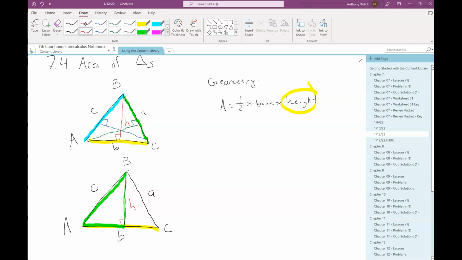Since I have a right triangle, I can use SOH CAH TOA inside that little right triangle. So I can say that sine of A is equal to opposite over hypotenuse. And if I multiply both sides by side c, I get that h is c times sine A.